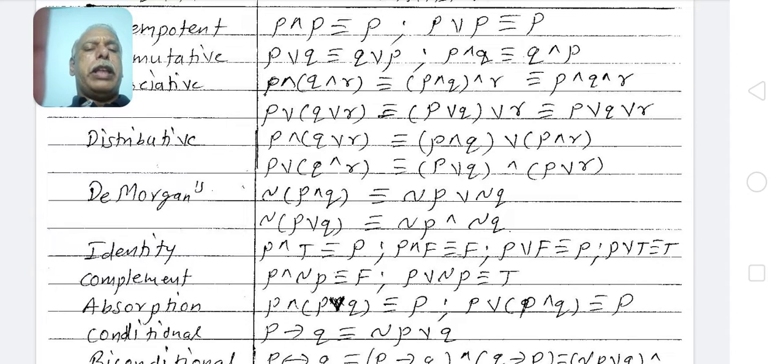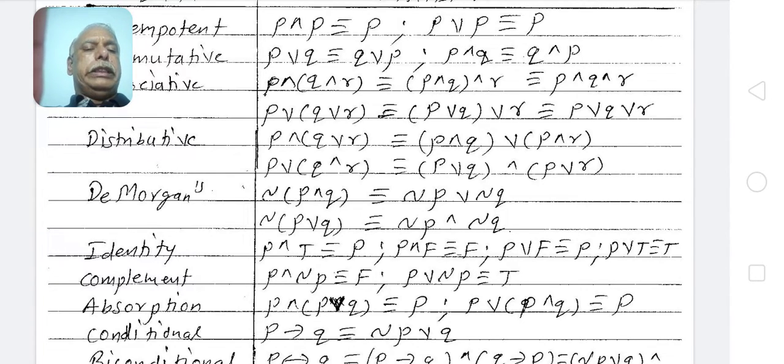Let us consider P as T, because P has only two values, either it is T or it is F. Consider the first case, P as T. T and T, we know that T and T is always T, which is again the value of P. If we consider P as F, F and T gives F, which is the value of P. That means anything and T always gives that thing itself.